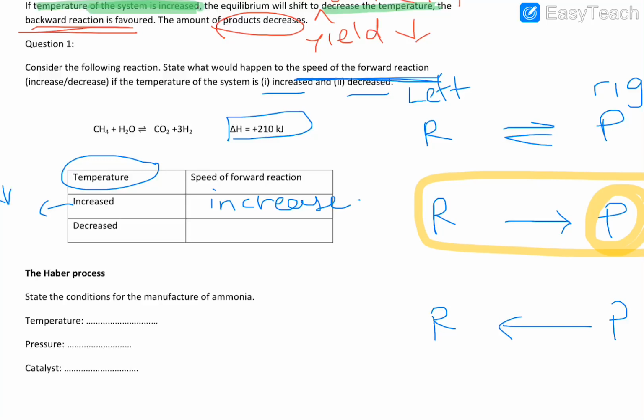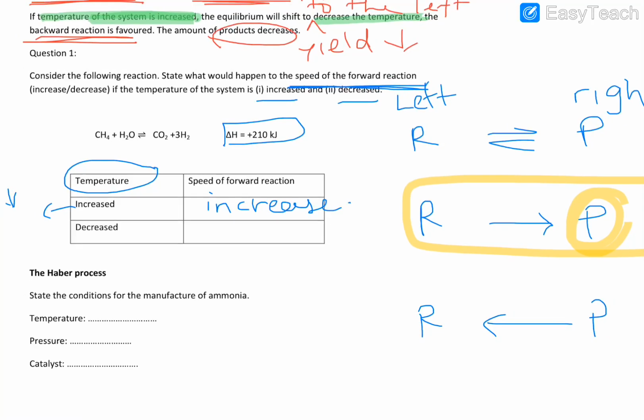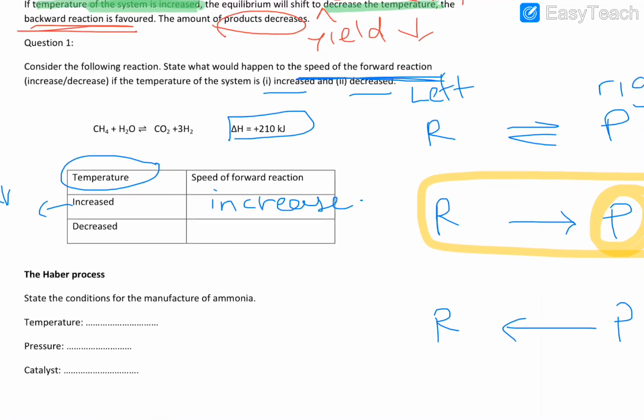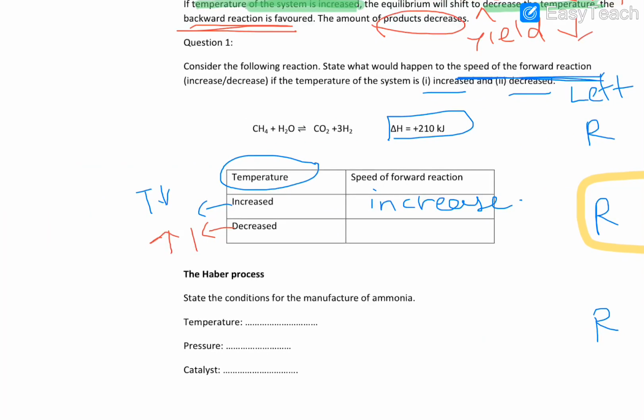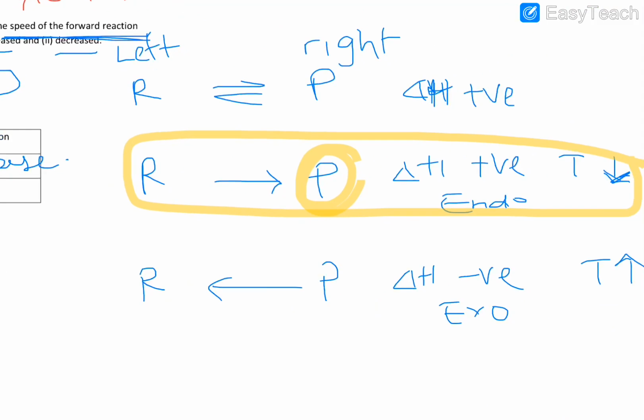Let's look at the other side now. Temperature decreases. So we are decreasing the temperature. What will the equilibrium want to do? The equilibrium will want to oppose it, which means the equilibrium will want to increase temperature. Which one is increasing temperature?